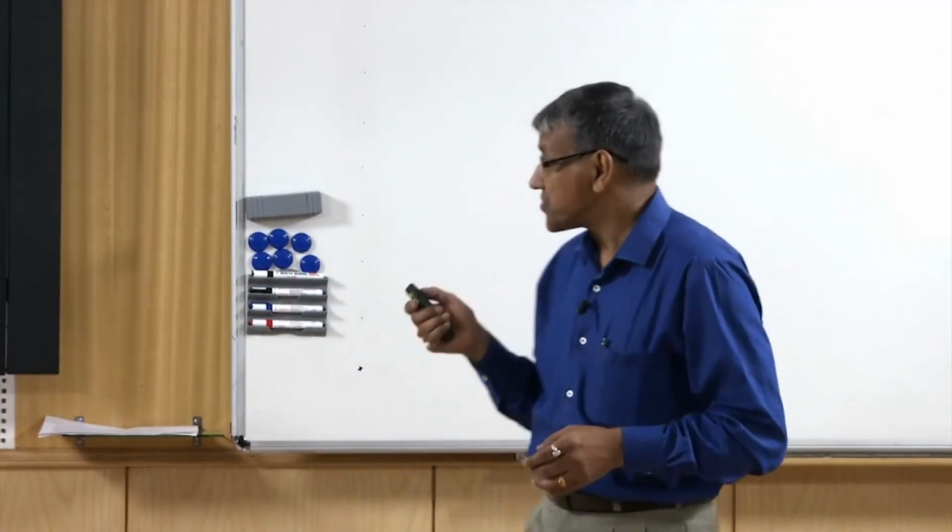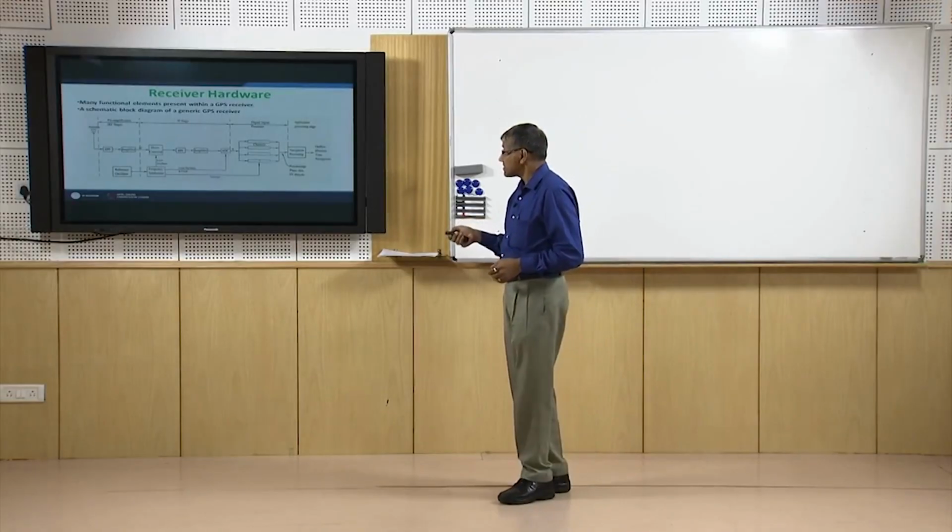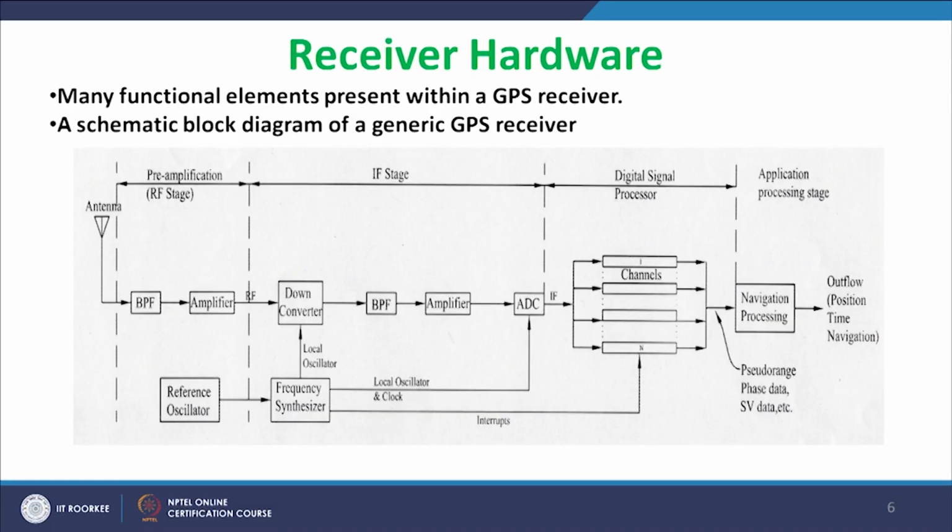In order to do those things, the GPS receiver hardware contains filters, amplifiers, a frequency unit, and a digital signal processing unit. As you understand, the filter removes the interfering signals from the GPS signals. Then the amplifier amplifies the power of the GPS signal to be further processed in the next stage.